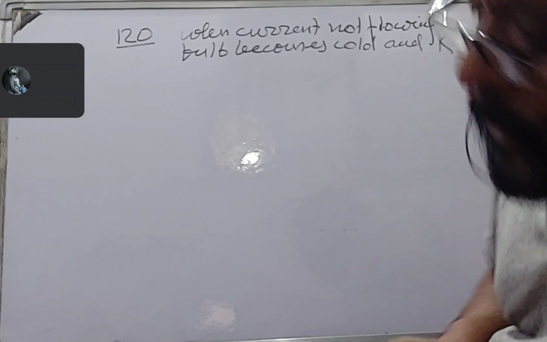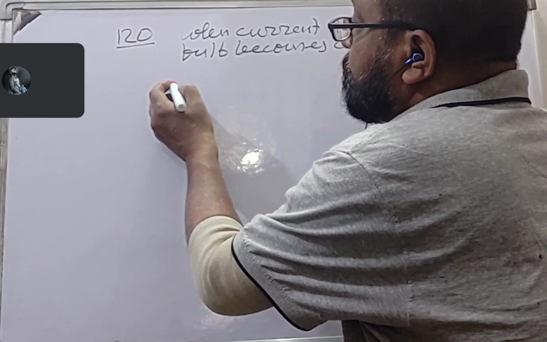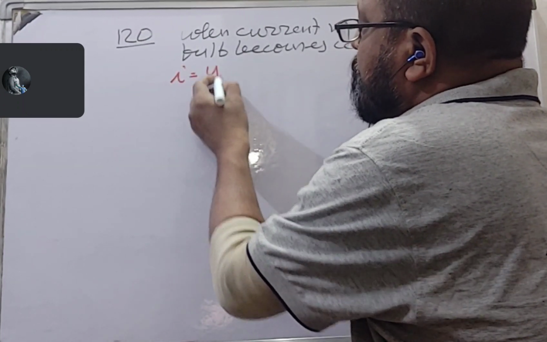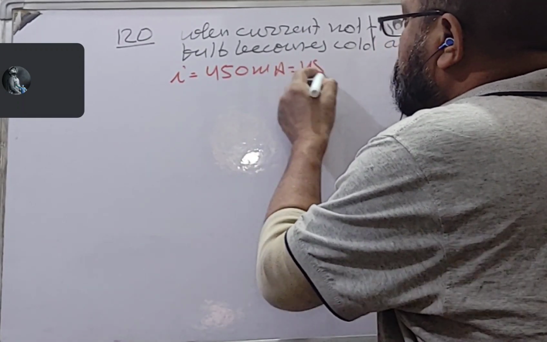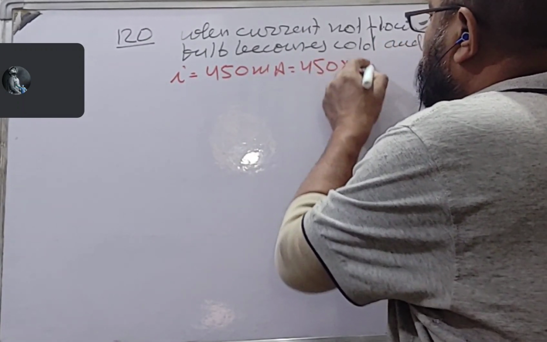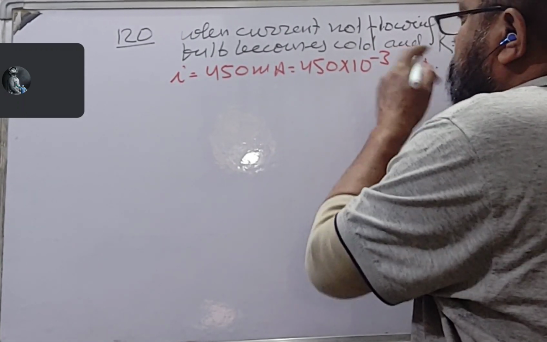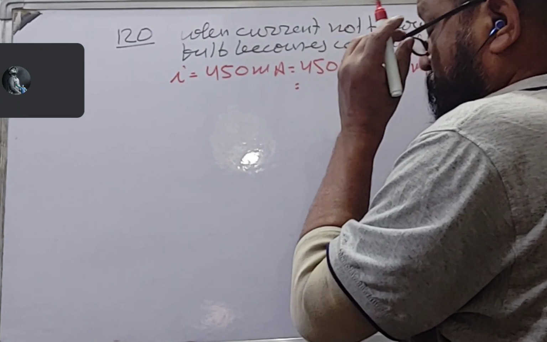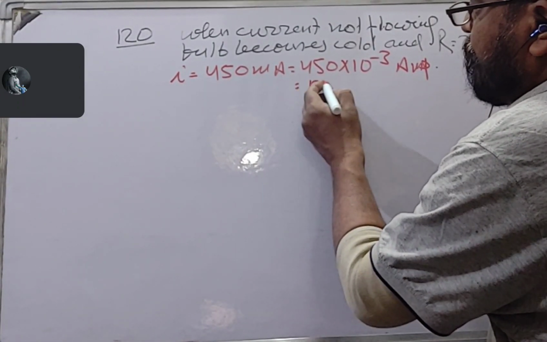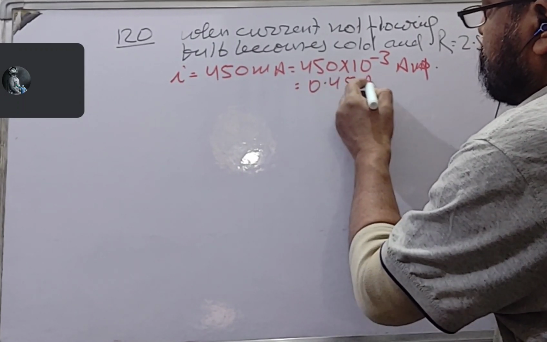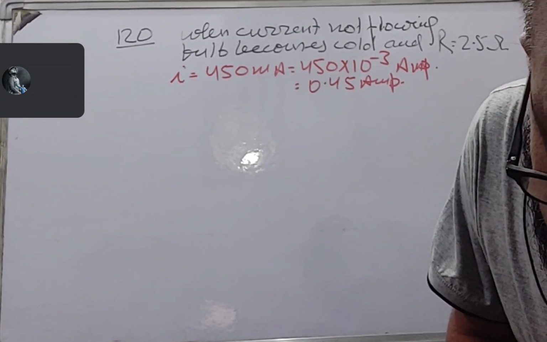And it draws a current I of 450 milliampere. It means 450 into 10 raised to the power minus 3 ampere, and that becomes 0.45 ampere, right?